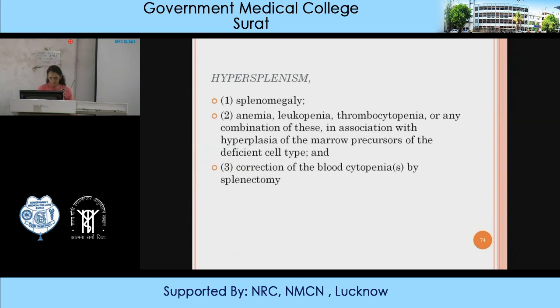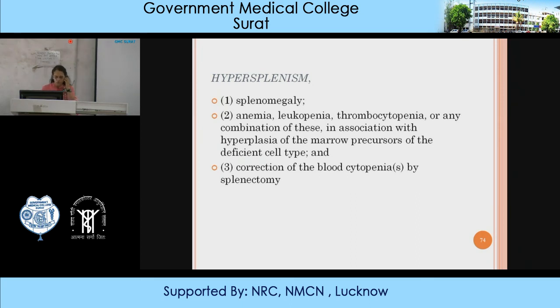Now, what is hypersplenism? First, you should know splenomegaly and hypersplenism. Splenomegaly is actually one condition that the spleen has enlarged. But hypersplenism, that means enlarged spleen has actually sequestrated so much amount of blood cells that it has caused anemia, leukopenia, thrombocytopenia, and correction of pancytopenia can be done by splenectomy.